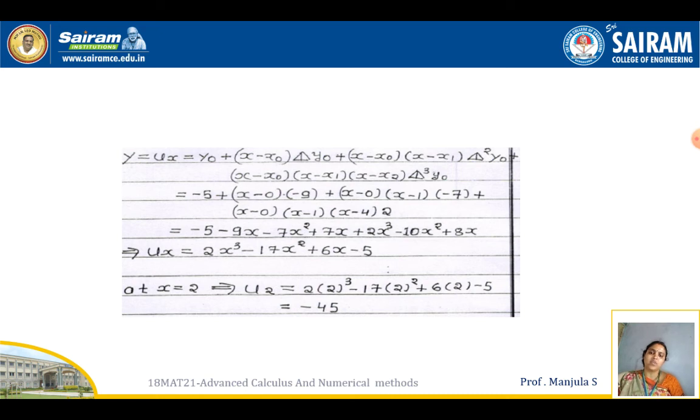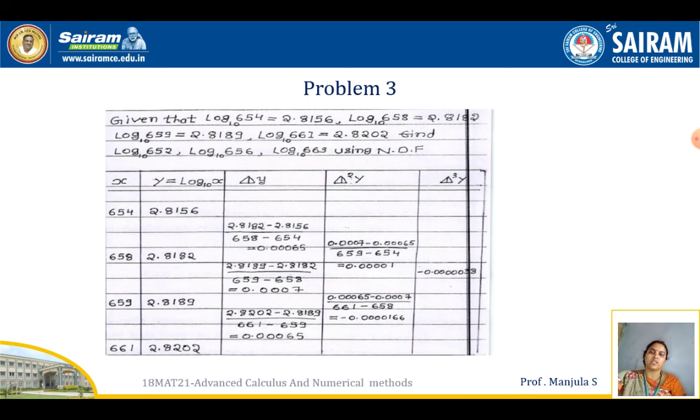After getting this polynomial, they asked us to find the value of u at x equals 2, that is u2. So u2 is 2 into 2 cube minus 17 into 2 square plus 6 into 2 minus 5. On simplification with the help of a calculator, we get the value of u2 as -45. This is our required solution.